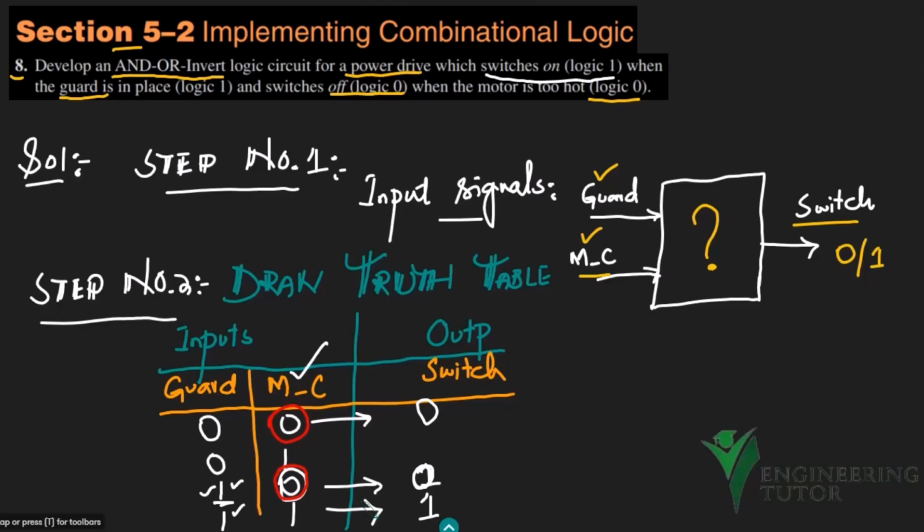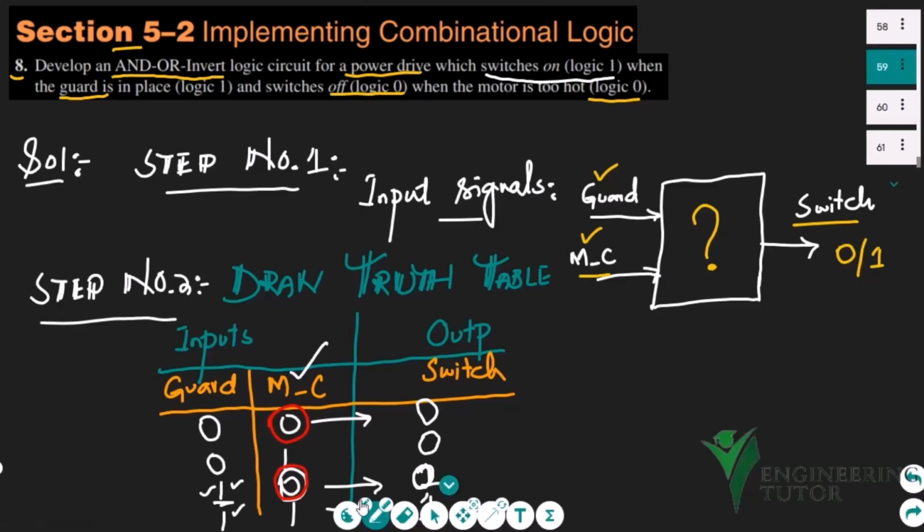Similarly here, when the guard is not present but the motor is cool, as the guard is not present, I have to switch it off as well. These are the conditions.